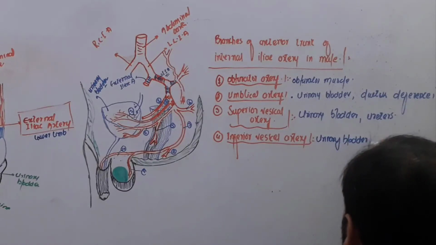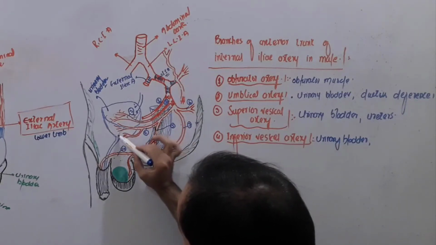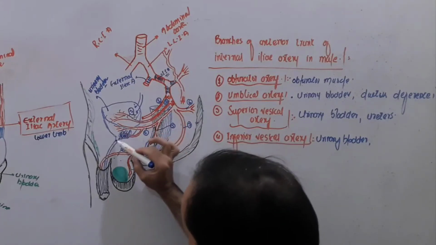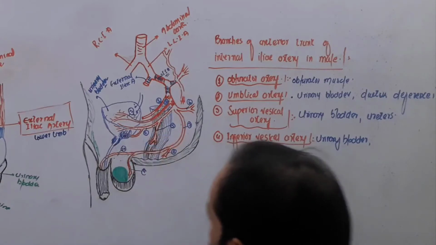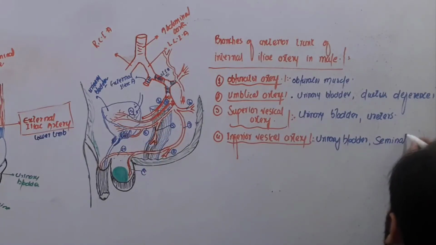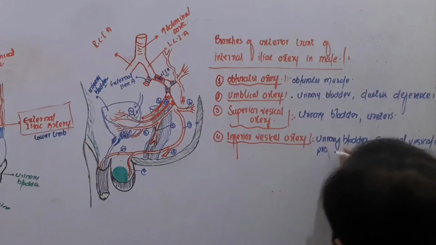okay. Then in case of males, there are seminal vesicles here, right? Here are seminal vesicles, and moving forward, here is our prostate, right? So it also gives branches to seminal vesicles and to prostate in case of males.